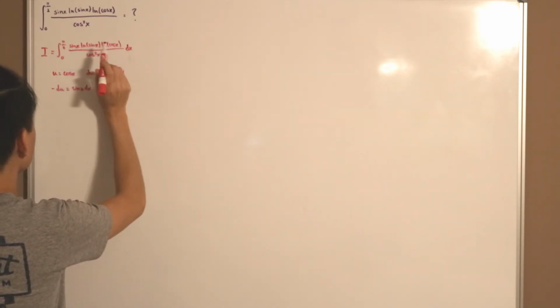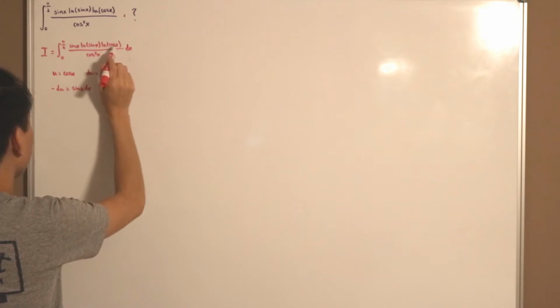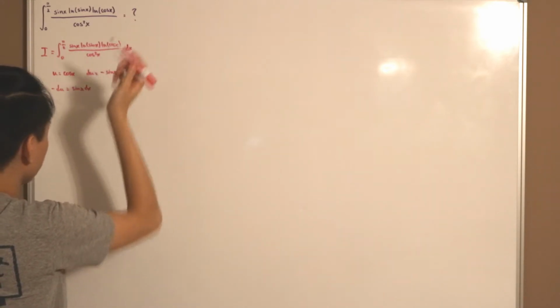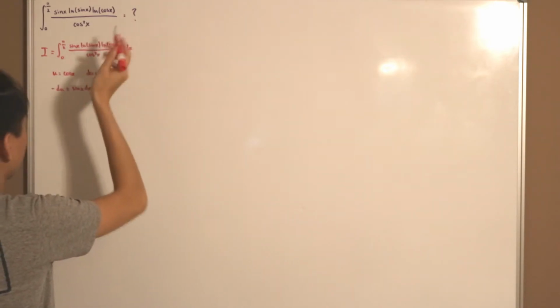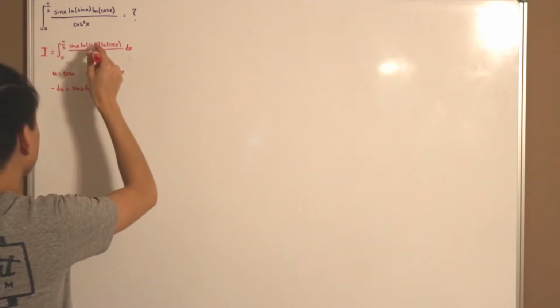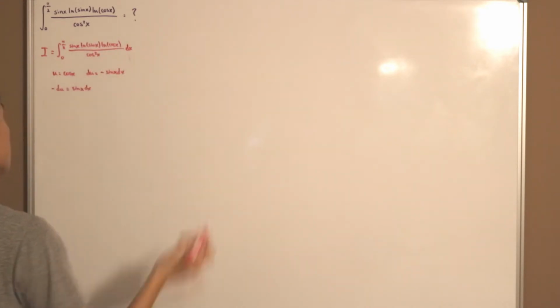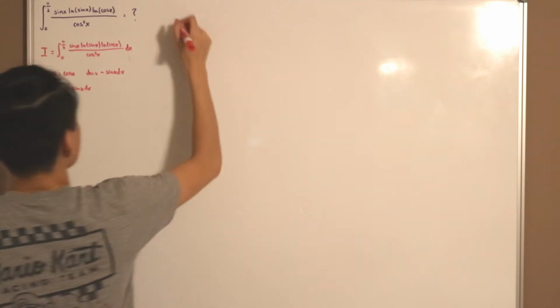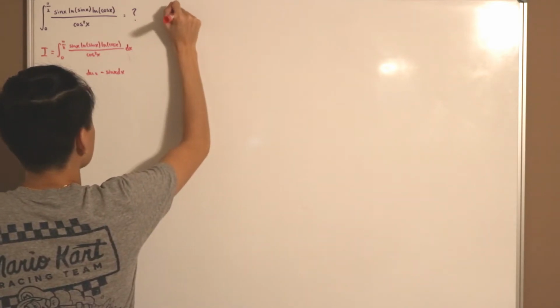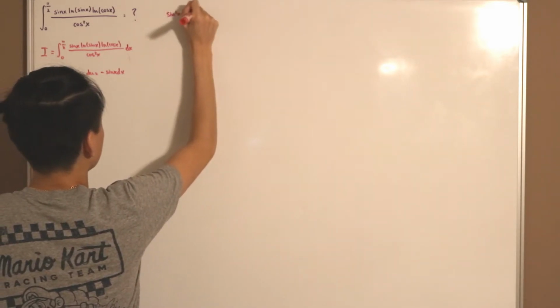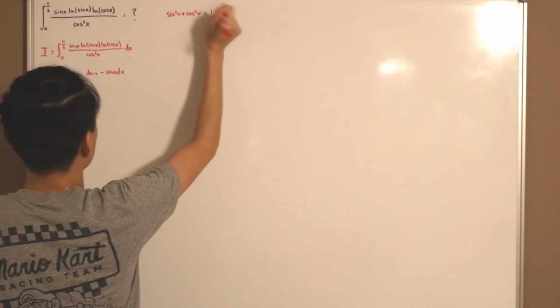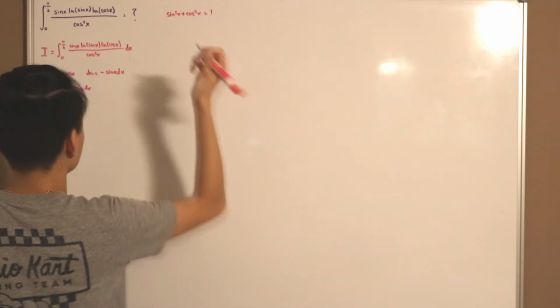Then we have the natural log of cosine of x, which is simply ln of u. But then we have the natural log of sine of x. So what we have to do is get sine of x in terms of u. Note that sine of x squared plus cosine of x squared is equal to 1. It's from our unit circle.